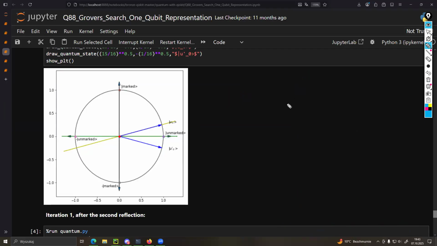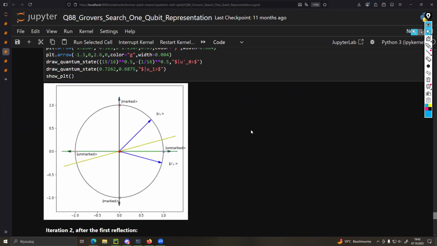So what Grover does is that it reflects over this unmarked state, and it applies yet another reflection, but now over our state after the marking. So it very quickly boosts our chance of getting any marked solution. And this is how we propagate further and further with each iteration.